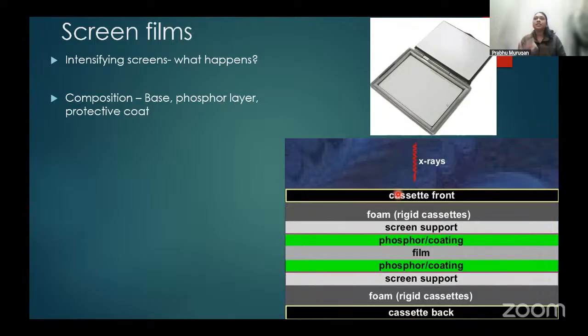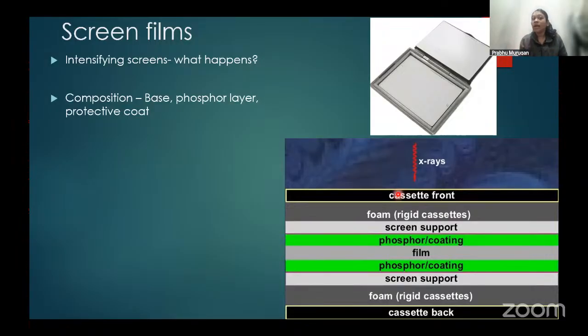The reason we need this is that in extraoral radiography, there is going to be scattered radiation to other regions, and low energy photons are also absorbed. This results in film fogging and image unsharpness. So to prevent scattered radiation and low energy photons from affecting the diagnostic quality, we use intensifying screens.